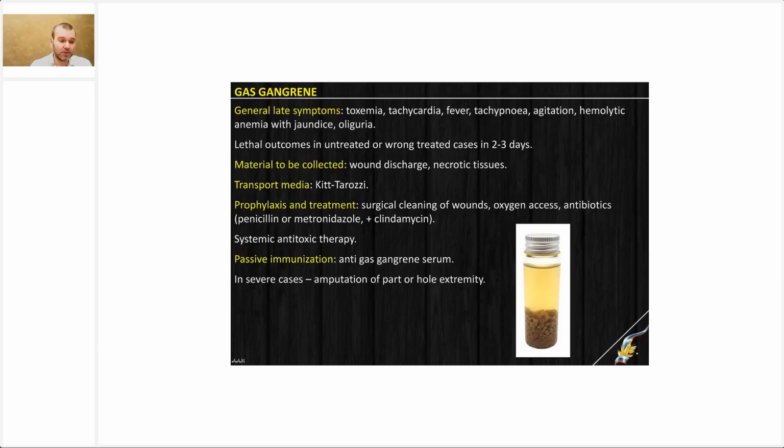We should provide antitoxic therapy with anti-gas gangrene serum for those people to prevent systemic action of the toxin and to improve outcomes of local injury.